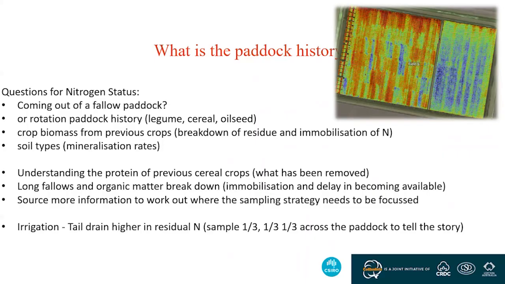In an irrigated environment, you're always going to have higher nitrates in the tail drain than in the head, because your nitrogen goes where the water goes, right? So Tim's suggestion for this is to divide your paddock into thirds and take 1/3 of your samples in the top, 1/3 in the middle, and 1/3 in the tail drain to get a clear picture of your nitrogen dynamics through that.